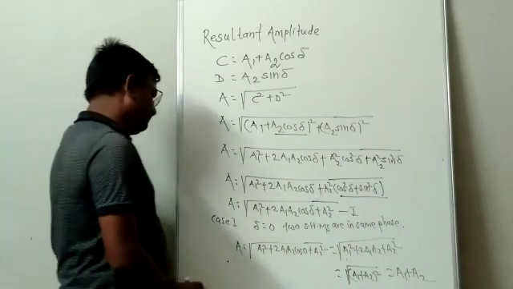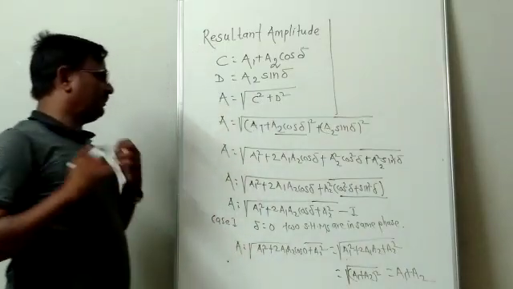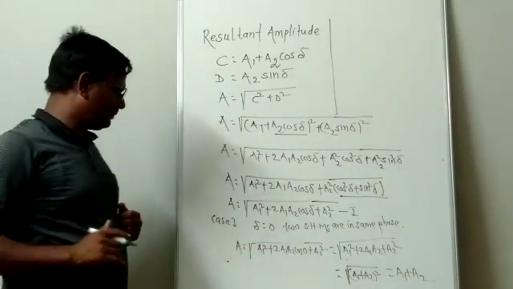Case 2: if I put the value delta is equal to pi, it means the two SHMs are out of phase.